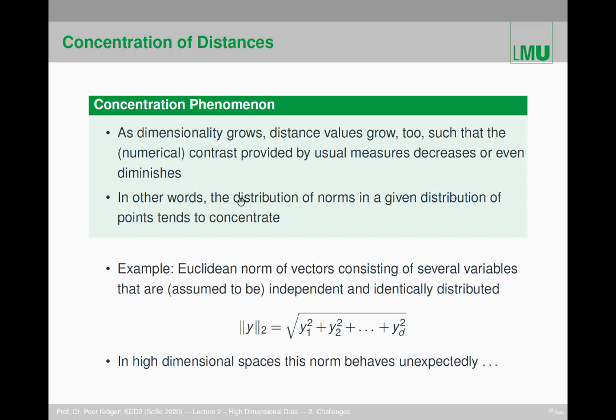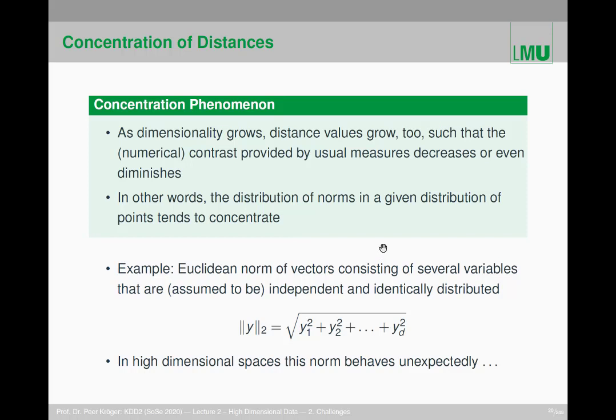Well, it means that the distribution of norms in a given distribution of points tends to concentrate. Again, what does it mean? It means that the distances you can compute between two arbitrary points tend to become more and more similar. So you cannot distinguish between different pairs of points just because of their distance, because all the distances are more or less the same.